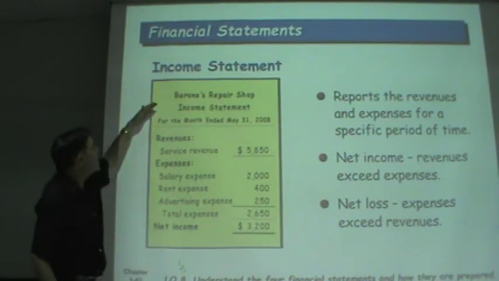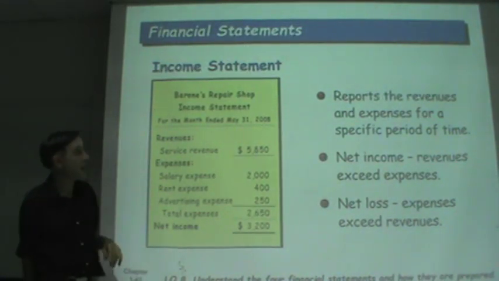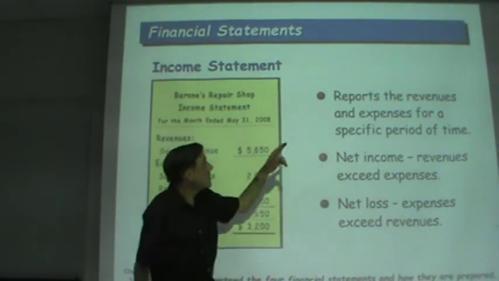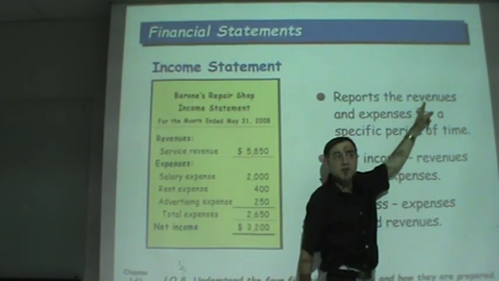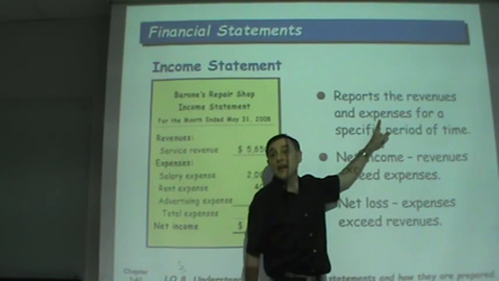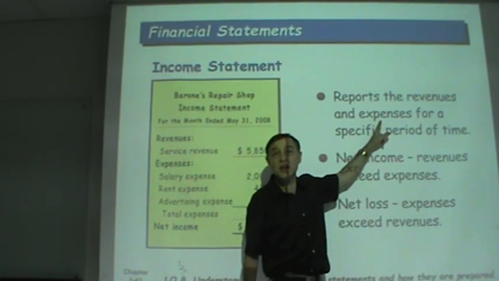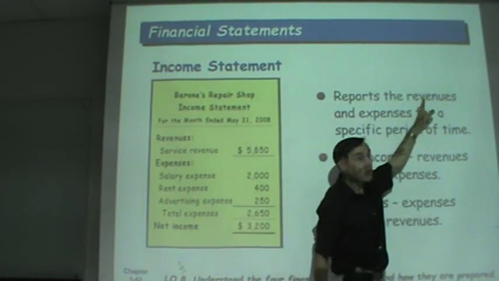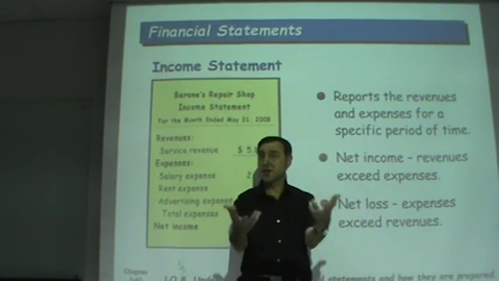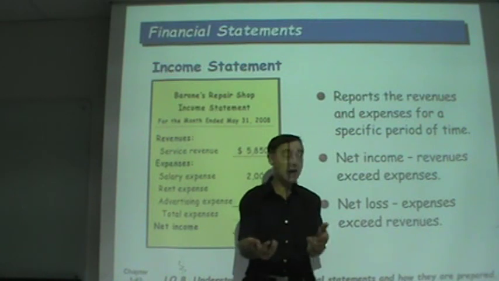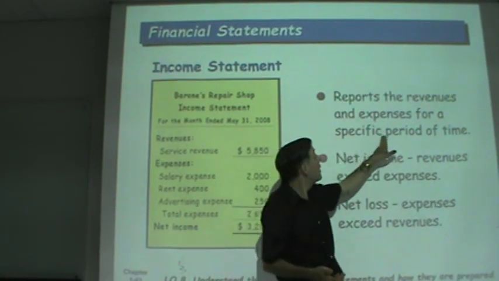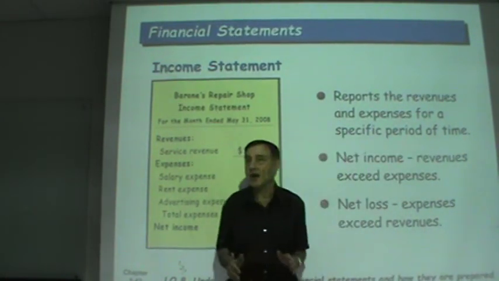So, here's what an income statement looks like, okay? First of all, income statement reports the revenues and expenses. Revenues is money coming in, and expense is money going out, okay? It is for a specific period of time.